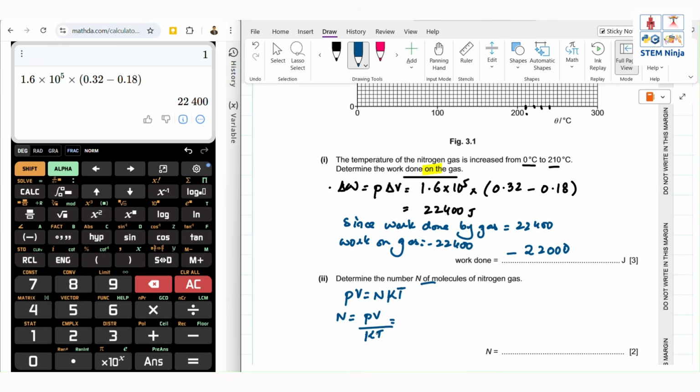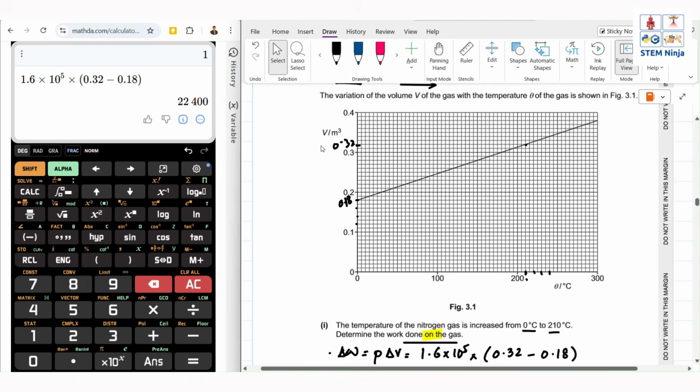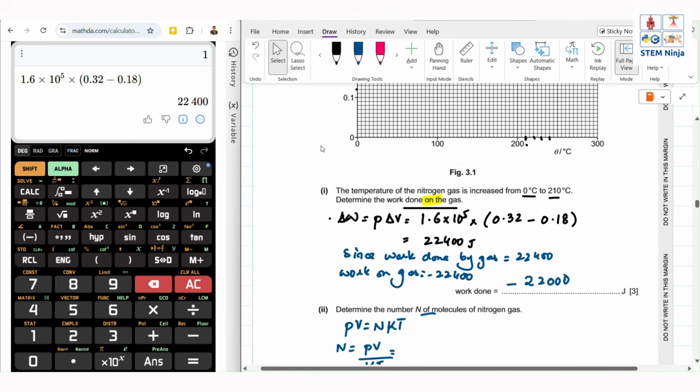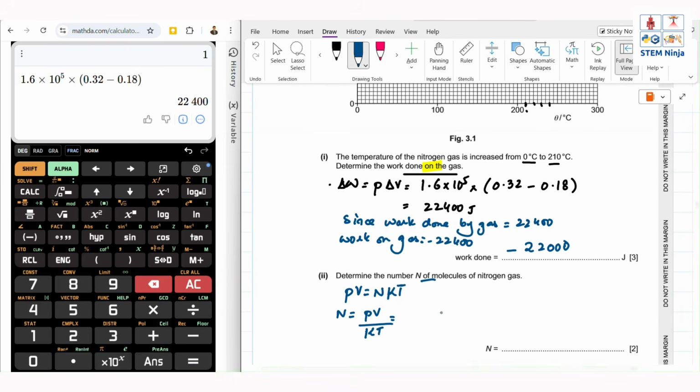So we know PV over T is basically constant because this is an ideal gas, but we still do not know. So we need at least one state known to us. And this T is not the Celsius, it is the thermodynamic temperature. So this is what you need to know.